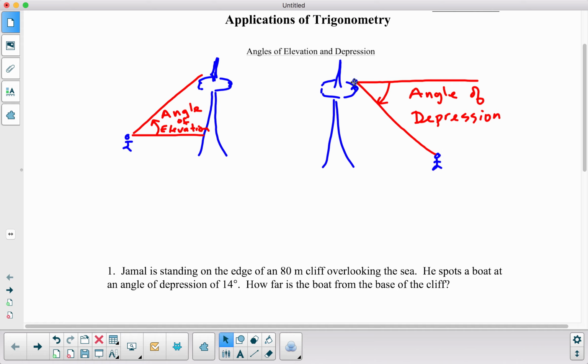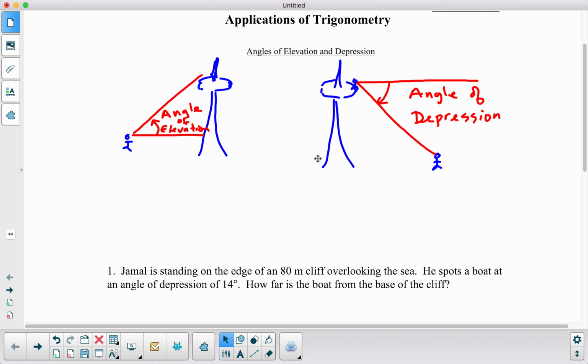So that angle, if we measure from the horizontal going down, is called the angle of depression. And it makes sense. With the angle of elevation, you're looking up, and with the angle of depression, you're looking down. The most important thing to remember is you're measuring from the horizontal going up, or from the horizontal going down. So that's important to understanding what the questions are saying.